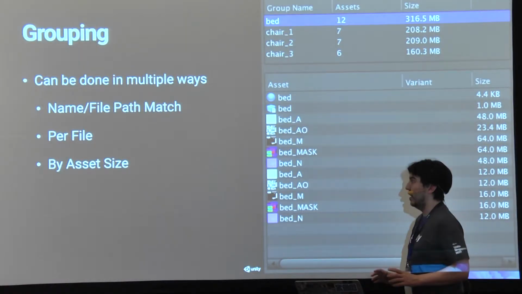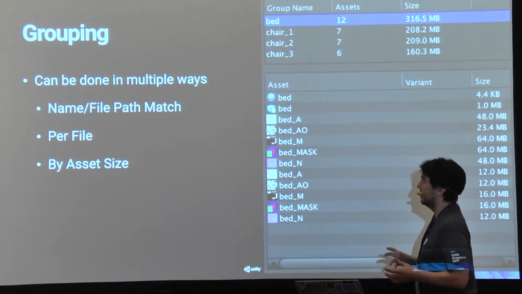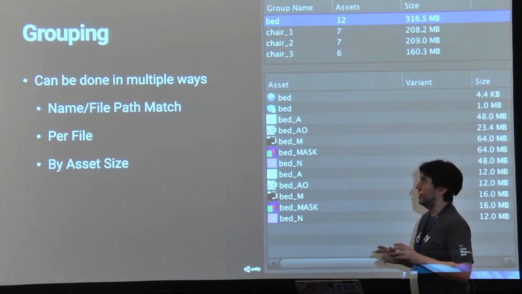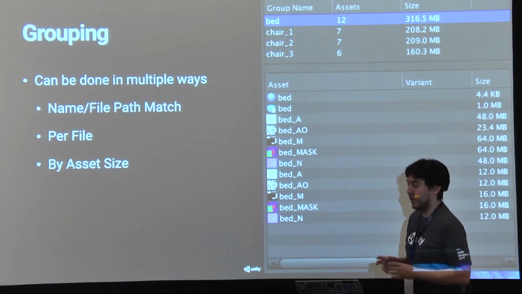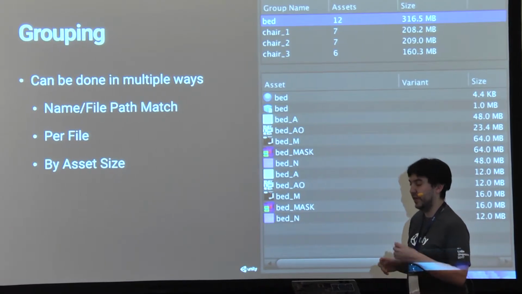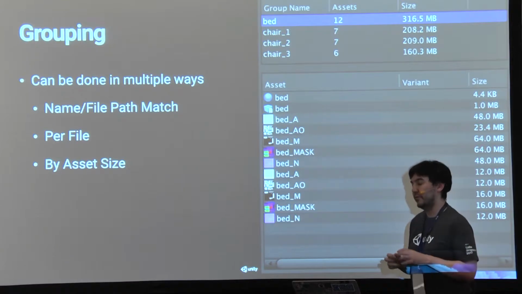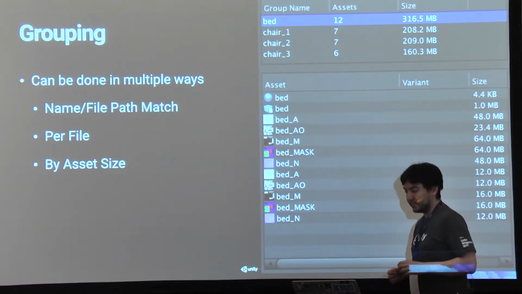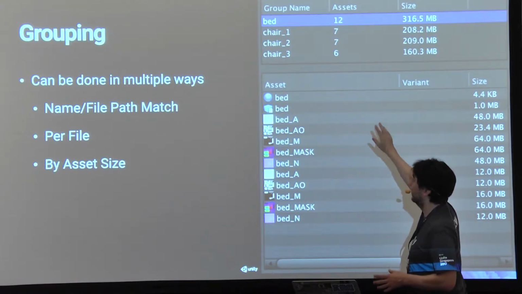So the grouping looks like this, and you can group the assets in multiple ways. You can use name or file path match, and you can group files per file, so that you have individual groups per file. Or you can also group by asset size. When you group it up, you have this list view.